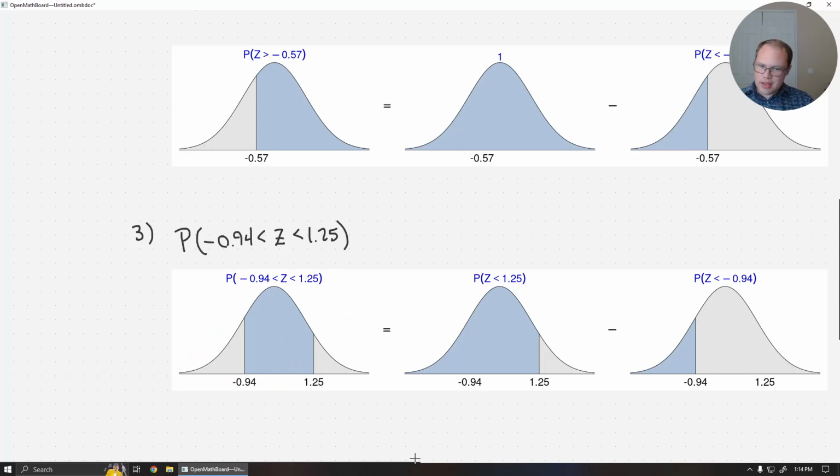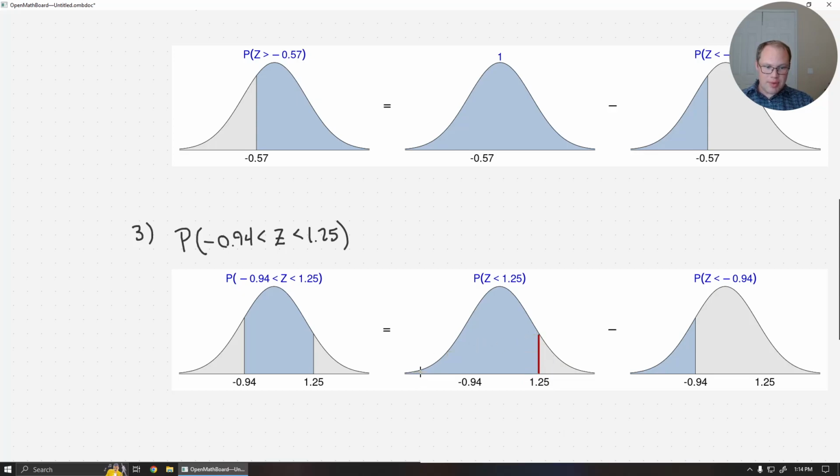So we can't directly use the p-norm function in the calculator. Instead, we're going to start with that bigger value and calculate too much. We're going to calculate everything to the left of that bigger value.